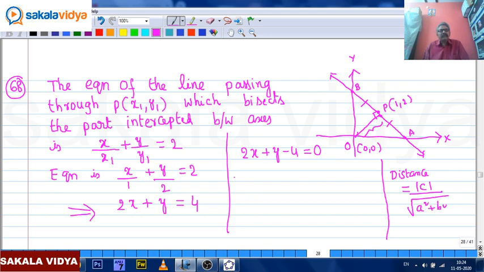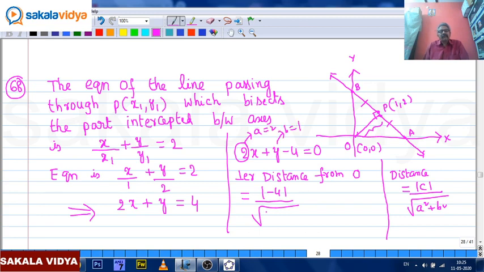So that means the perpendicular distance from O is equal to mod minus 4 by root of a square plus b square. A is 2 and B is 1. 2 square 4, B square 1. 4 by root 5. This is the answer.